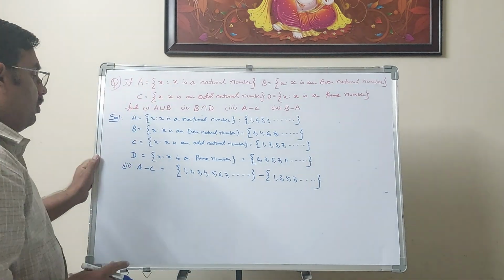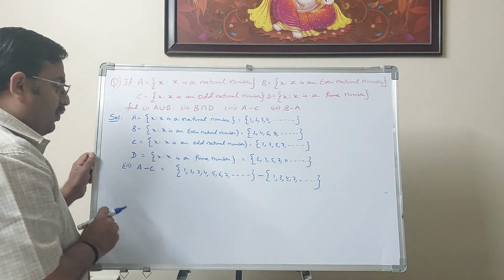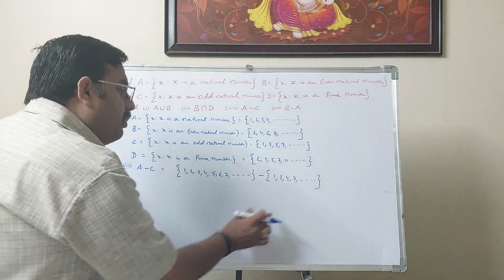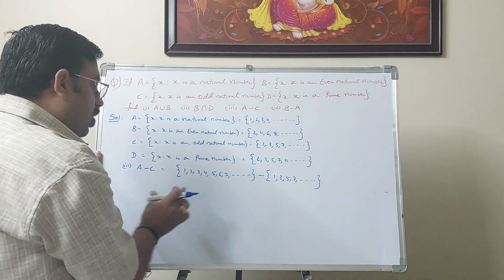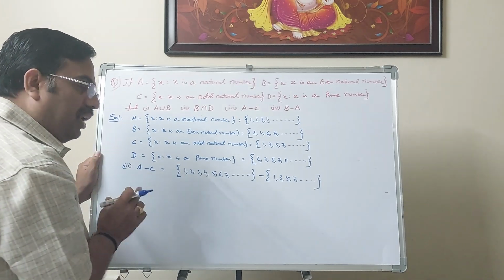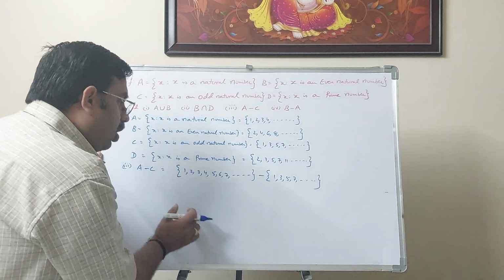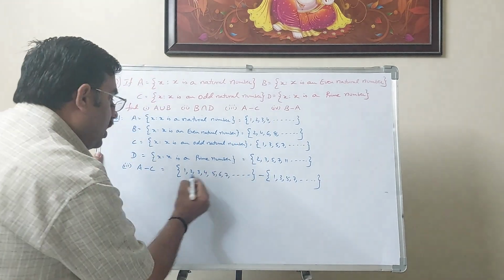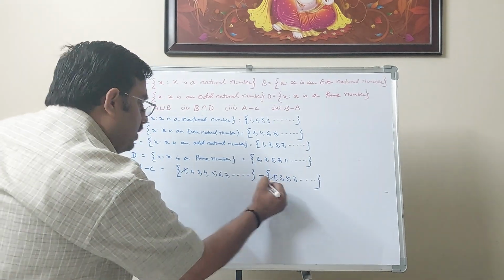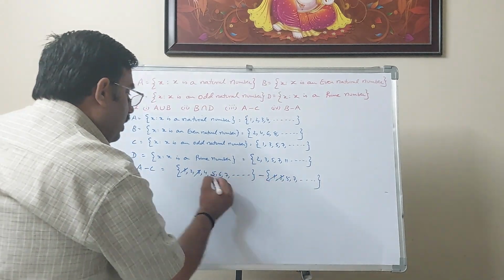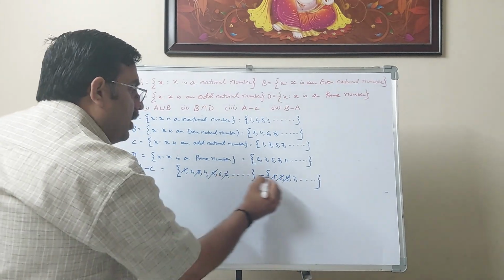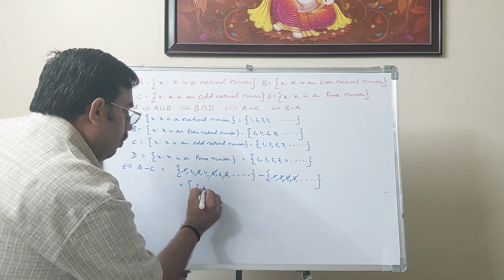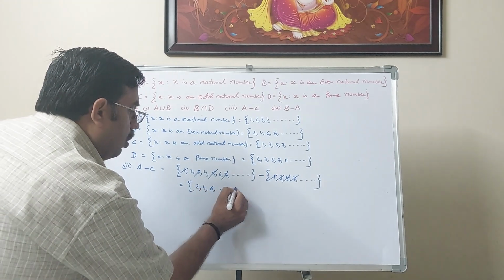For the difference, the elements which belong to A and do not belong to C are the elements you have to write here. So 1 gets cancelled with 1, 3 with 3, 5 with 5, 7 with 7. So what are the elements available here? 2, 4, 6, and so on.